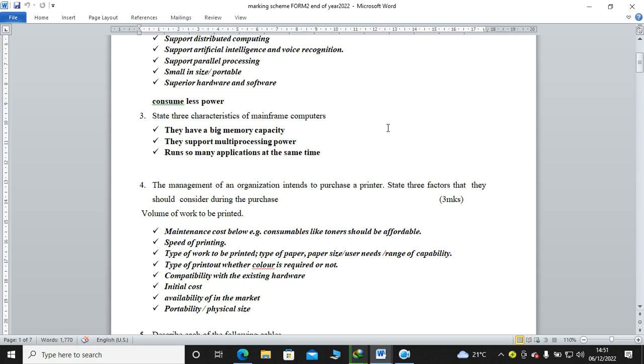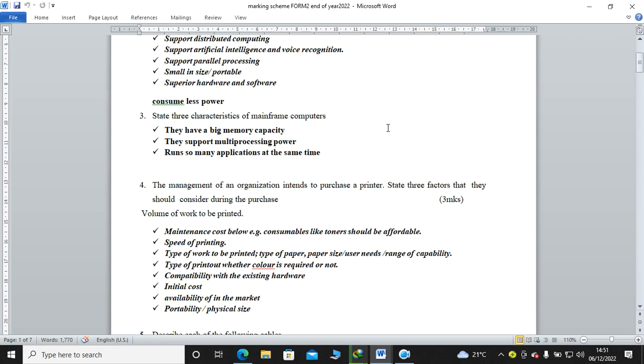Then question number 4, the management of an organization intends to purchase a printer. State 3 factors that they should consider during the purchase. So the first point is volume of work to be printed. So you must consider the volume of work. Then maintenance cost. In our other books, we talk of initial, that is running cost.